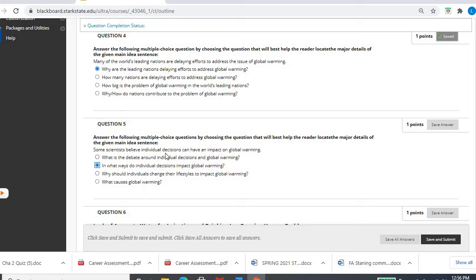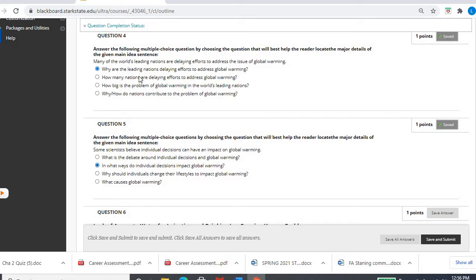So a good question based off that to help me find major or minor details would be, in what ways do individual decisions? So I take my main idea, I turn it into a question, and that would help me find my major or minor details. And that's the best formula in terms of this sentence to turn into a question to find my major or minor details.